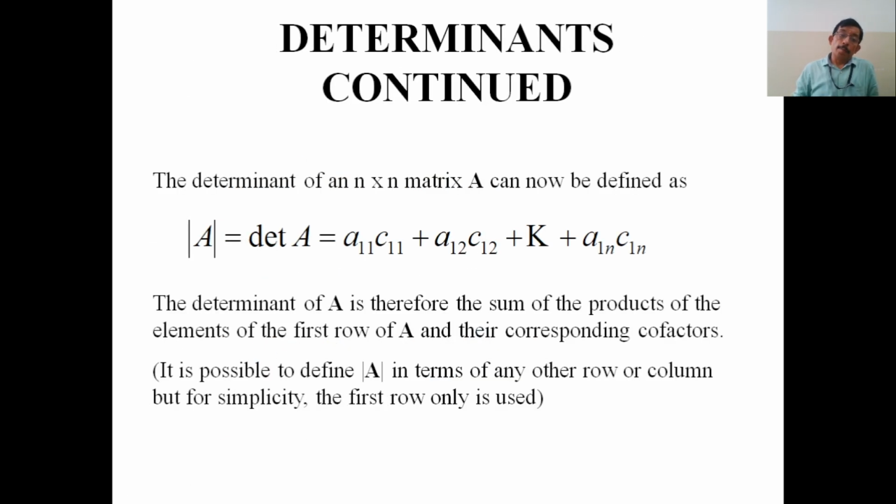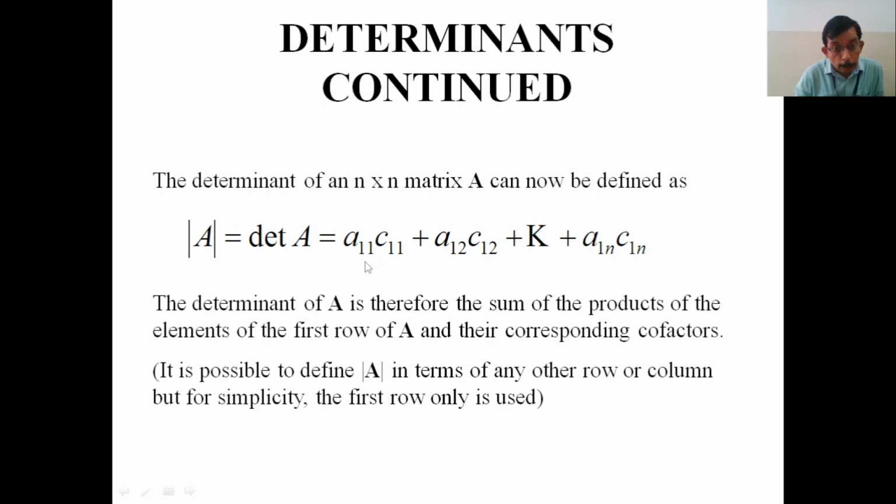If the order of the determinant is 3 by 3, then to find the value of the determinant, the value is the sum of the products of the elements and their corresponding cofactors.